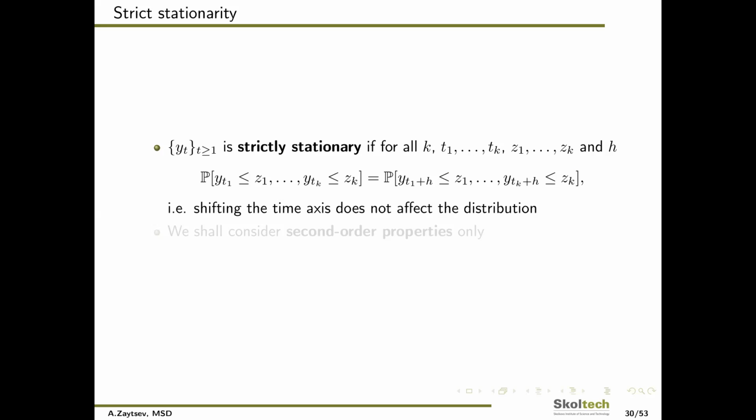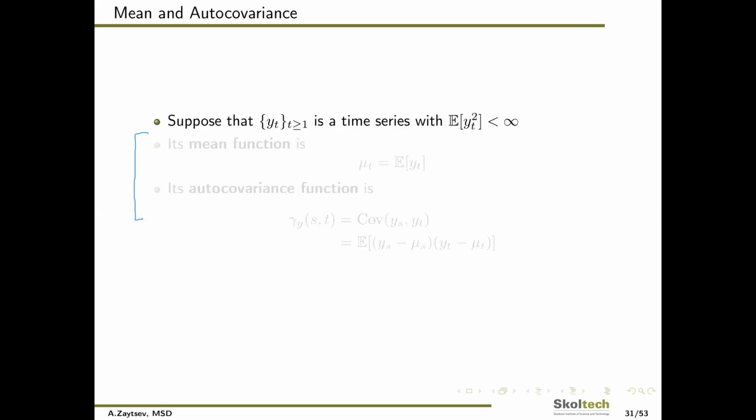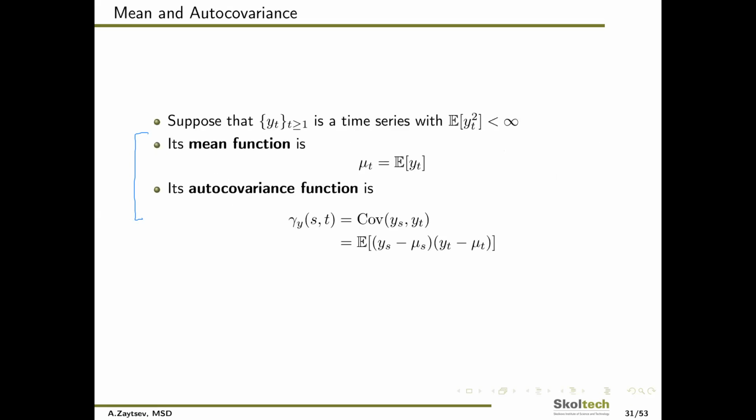And also, let's try to make it a bit simpler right now. So we have a general definition of strict stationarity, but we typically consider only first and second order properties. We are not interested in this whole complex distribution. Instead, let's look at the mean value and the autocovariance function.